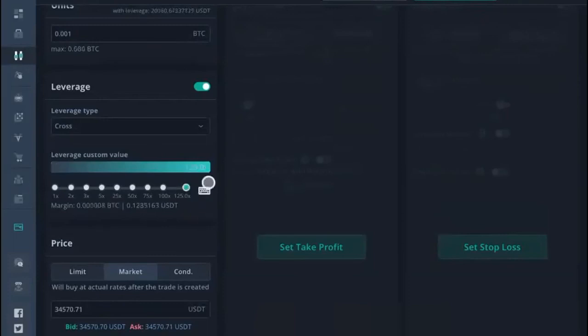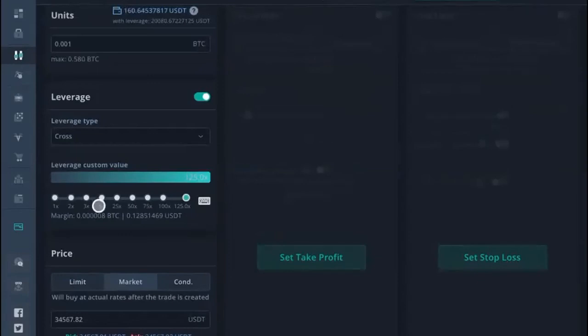So if we were using 125x with $1,000 on there, it would only take a very minuscule price swing in order to liquidate our position size of $1,000. The $125,000 is actually what you would be taking your return on investment from.